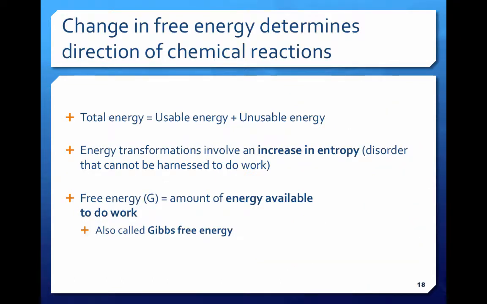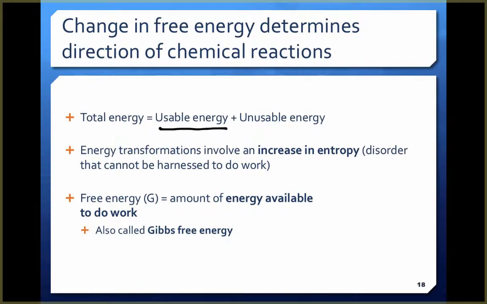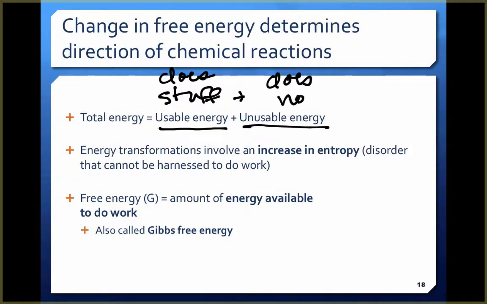Now, when we talk about total energy, you have a combination of energy that can be useful to do stuff and then unuseful energy. So this does stuff, right? Plus energy that's there that does really nada, or nothing, right?